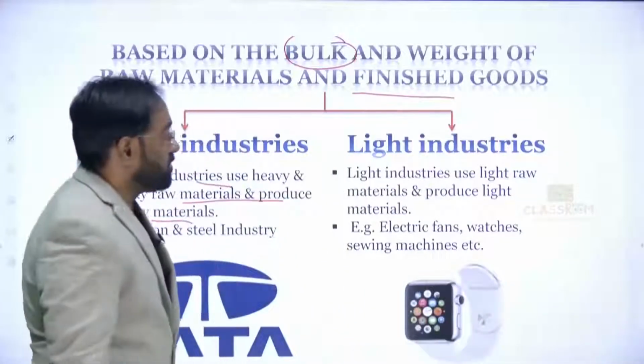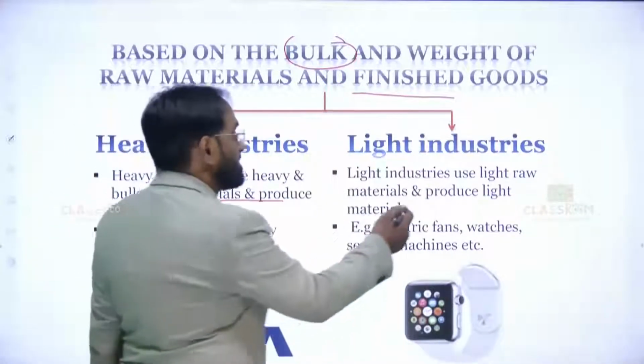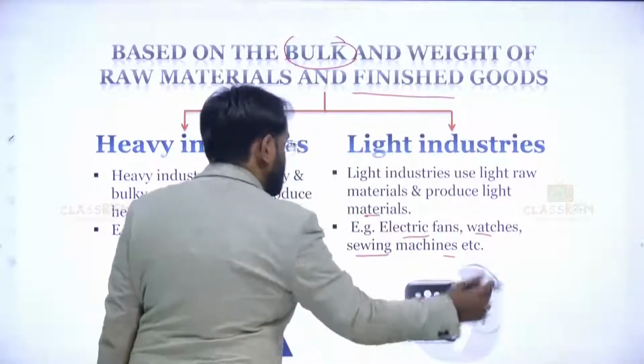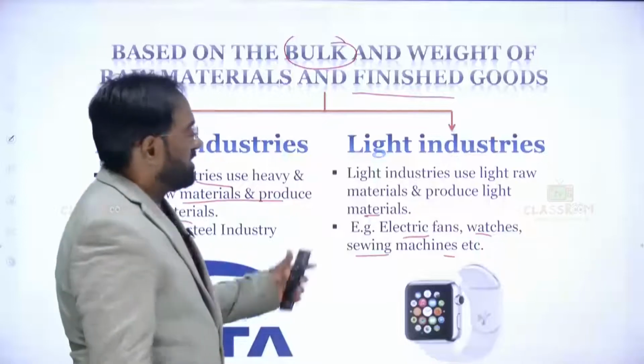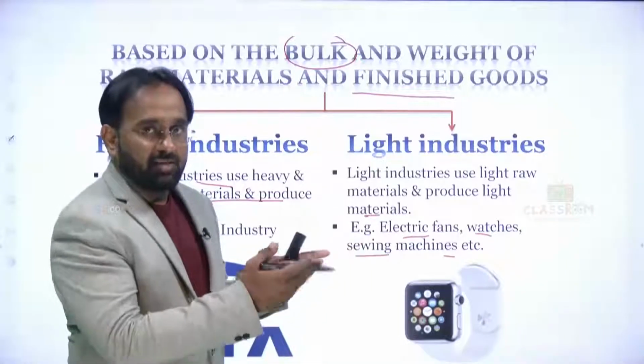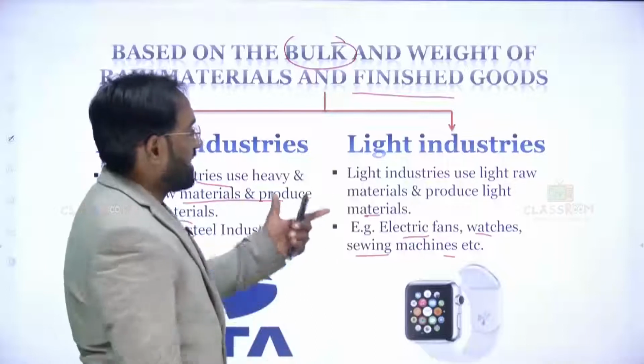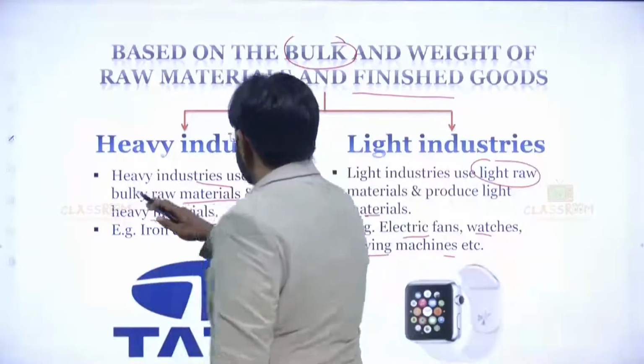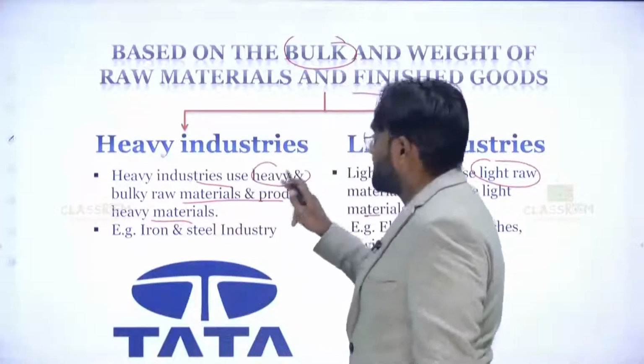Light industries use light raw materials and produce light materials: electric fans, watches, sewing machines, etc. Okay, everything is there in the word itself. Heavy and light industry. Light industries use light raw material. Heavy industries use heavy and bulky raw material.